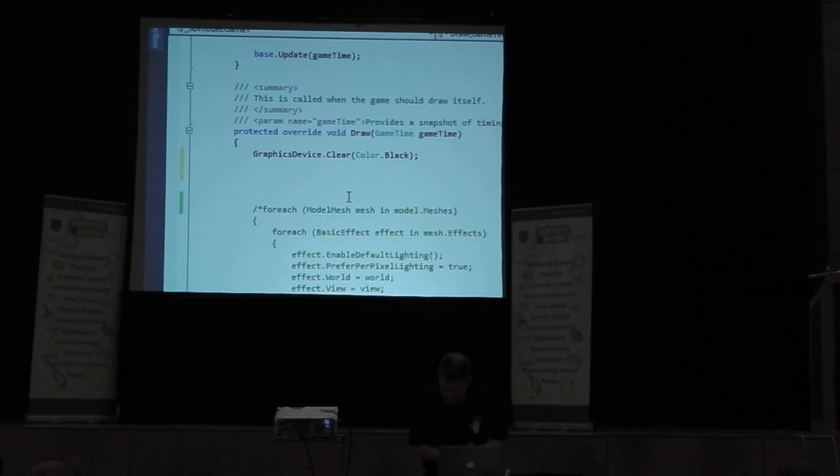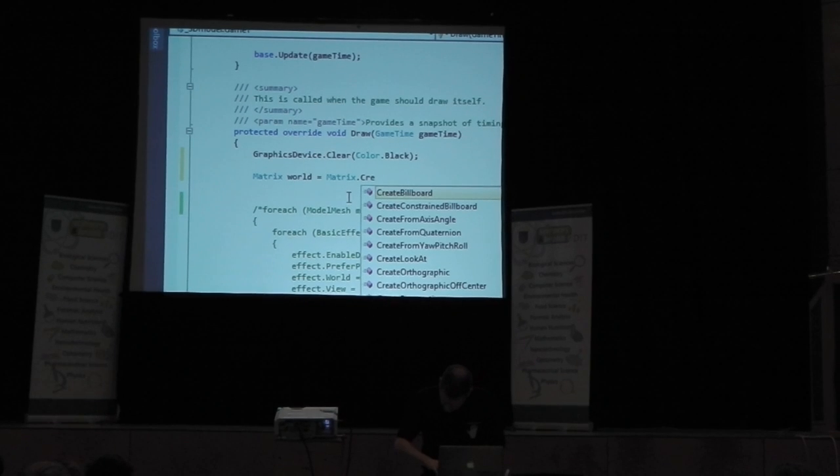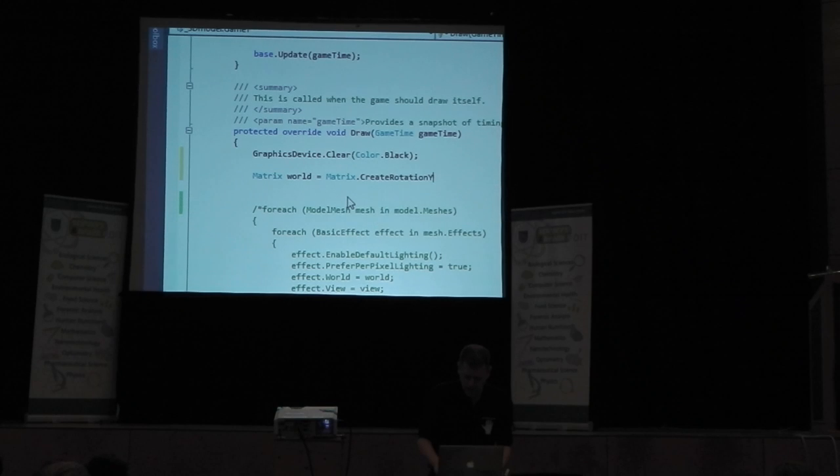So, the first thing we have to do is make the world's transform matrix. We go matrix world equals matrix dot create rotation y.